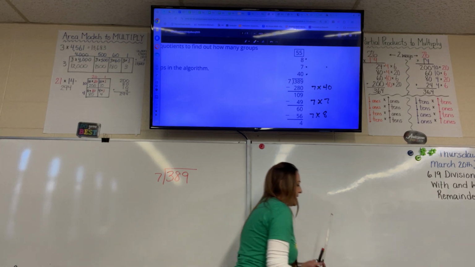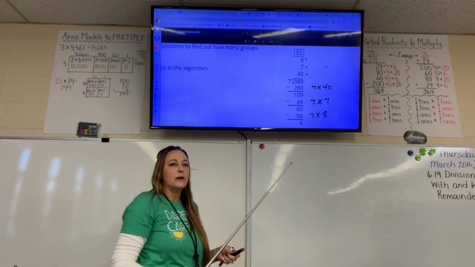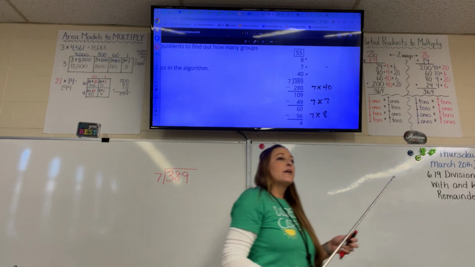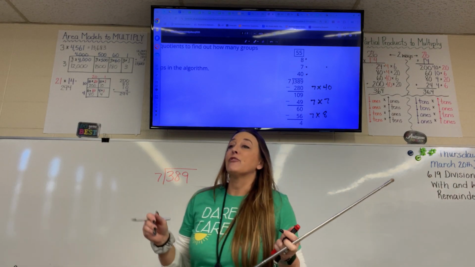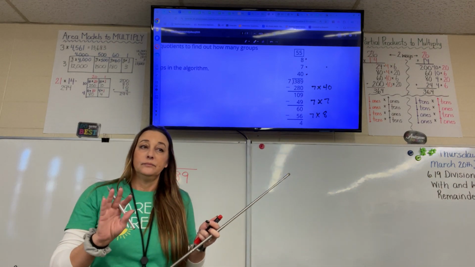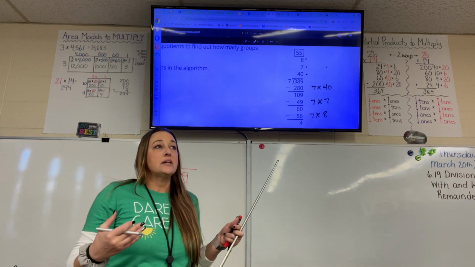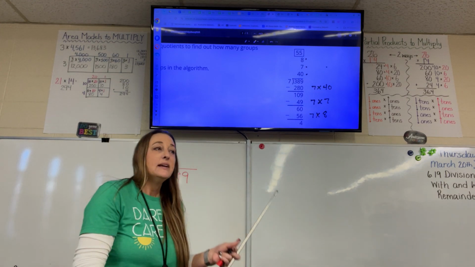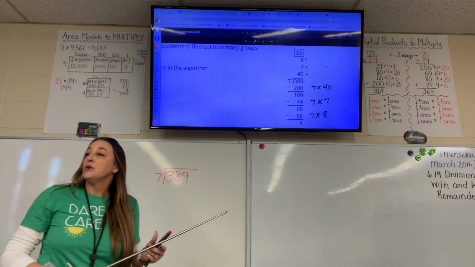So her last step then, when she subtracted, she got 4. Is there a multiple of 7 that can be subtracted from 4? What's the very first multiple of 7? 7 times 1 equals 7. Can you take away 7 from 4? No. That's how you know you're done.